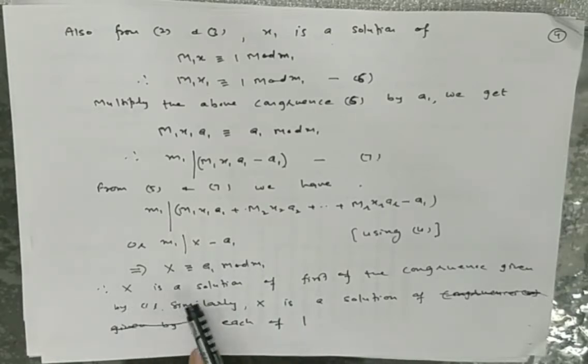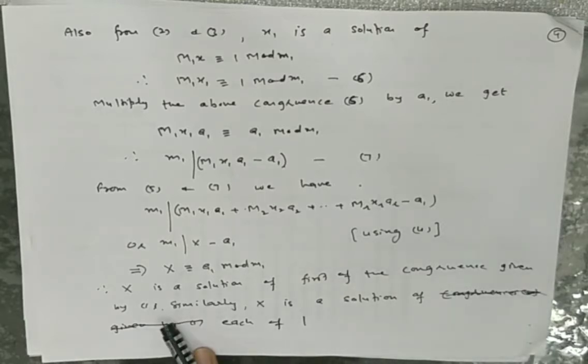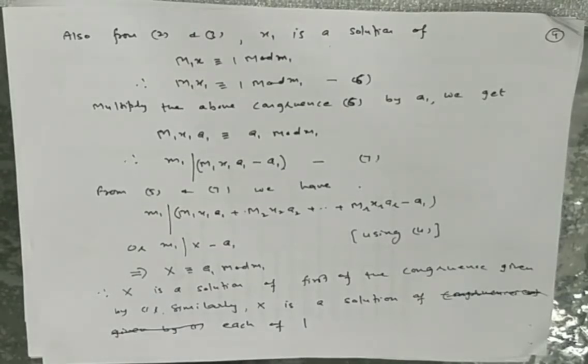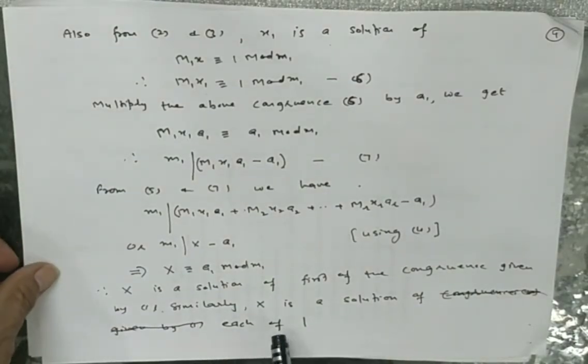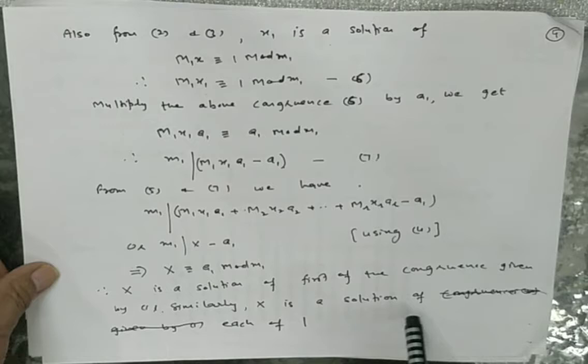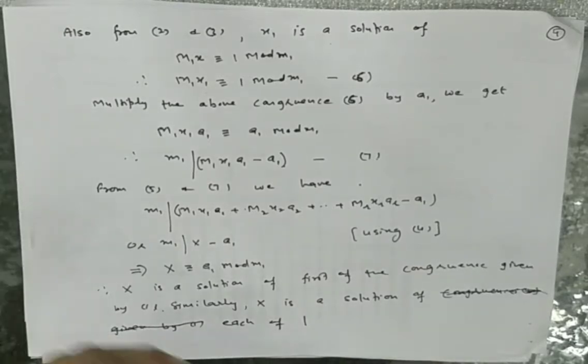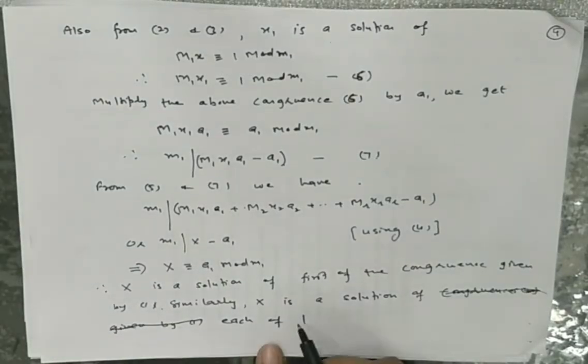Therefore, X is a solution of the first of the congruences given by 1. That is, X is a solution of x is congruent to a1 modulo m1. Similarly, we can find that X is also a solution of each of the congruences of 1.